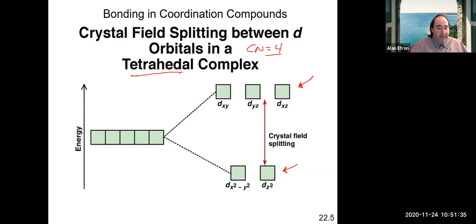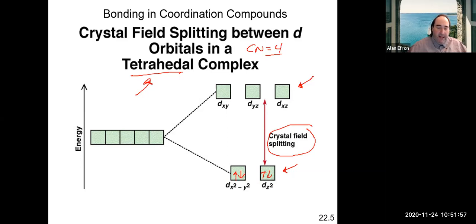Works the same way. Again, we're going to fill these guys here first and then decide, should you go up? Should you just stay down based on how big that crystal field splitting is? So for coordination number 4 that has tetrahedral geometry, this is the splitting. It's basically opposite of the octahedral.